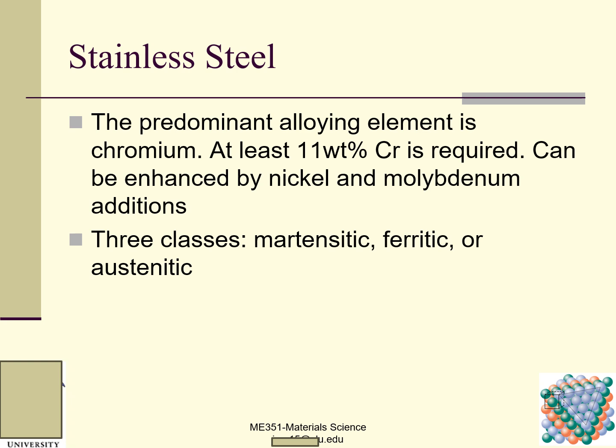And then we talk about stainless steel. The predominant alloying element is chromium. As I said, at least 11% chromium is required, and it can be enhanced by nickel and molybdenum additions.